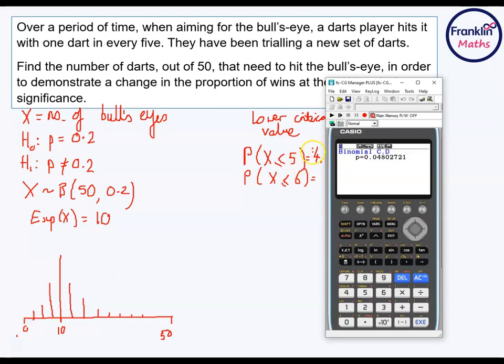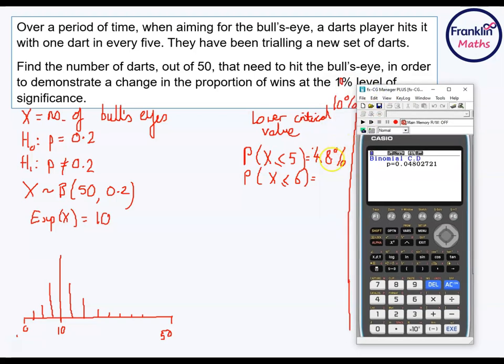But sometimes with these, you get a number which is, say, maybe 7%, and then for the next one you think, oh well, that's probably not going to be in it, but it ends up as like 5.5%. So let's just try 6 this time, and that comes out at 10.3%.